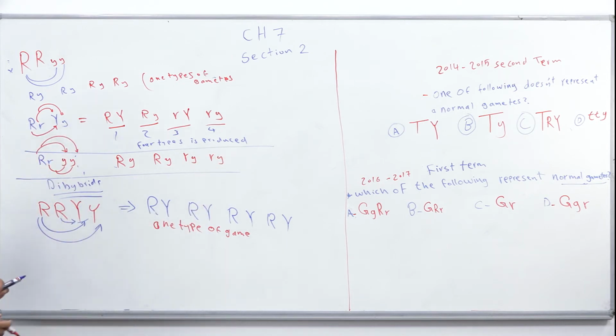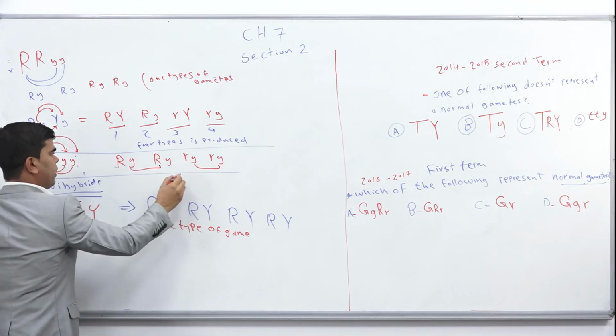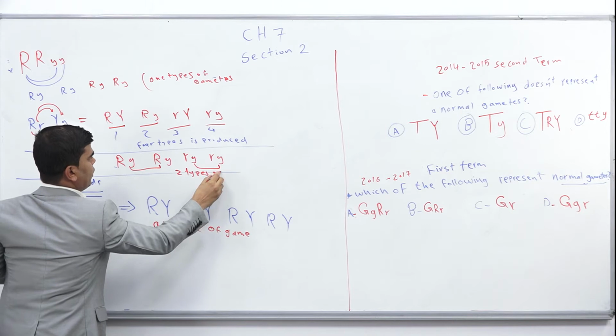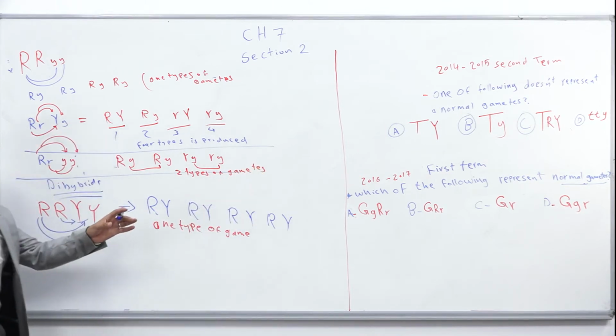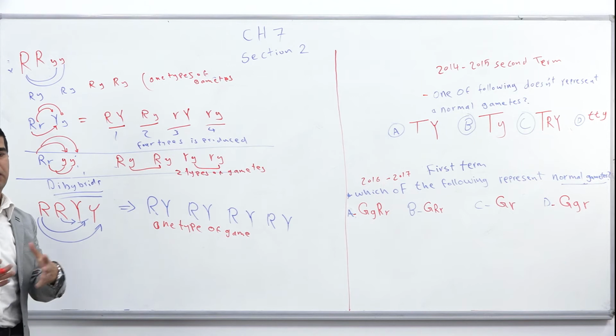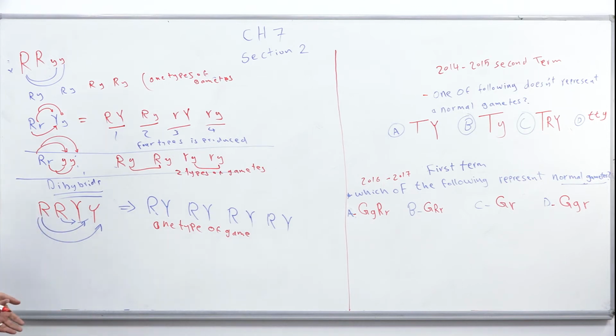How many types? This is 1 type, this is 1 type. So it becomes 2 different types of gamete. So when you have gametes in a monohybrid or dihybrid cross, maybe many gametes are produced, but different types. So you have to know which type of gamete is produced.